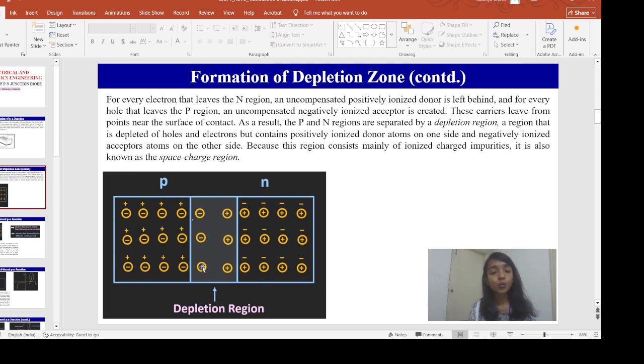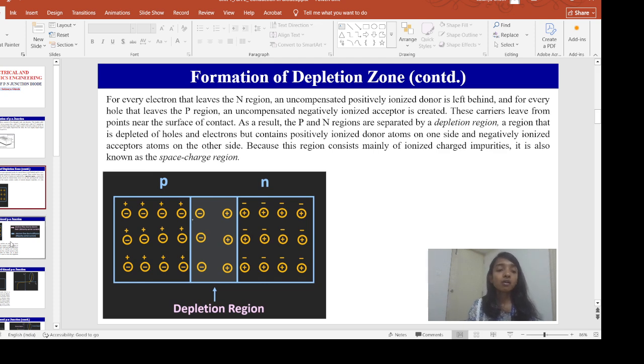Now, this is an unbiased PN junction, we didn't apply any external battery voltage here. If I want these electrons to diffuse from N side to P side, I need to apply a potential.